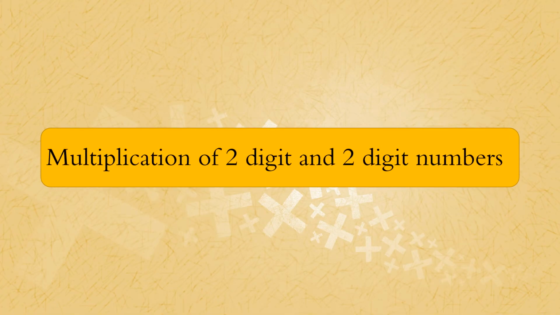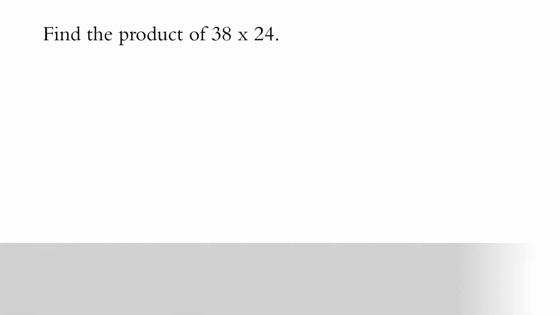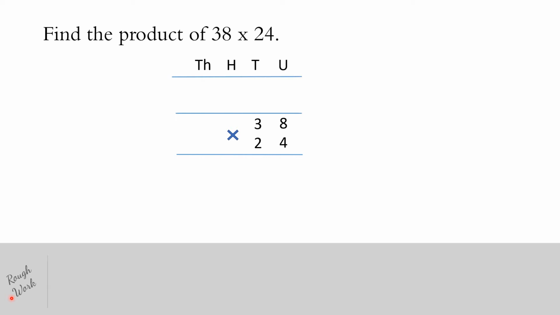Multiplication of 2-digit and 2-digit numbers. Find the product of 38 into 24. Now we will multiply 38 into 24. First we will multiply 4 by 8. 4 8s are 32.